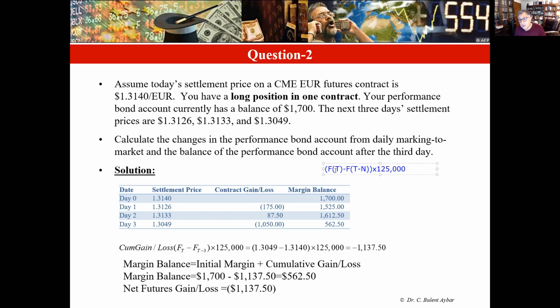So the only difference between this and the previous example is that there is not a minus sign in front of the parentheses in here because we are long on the contract. So this is the cumulative gain or loss over a 3-day period for the long contract.